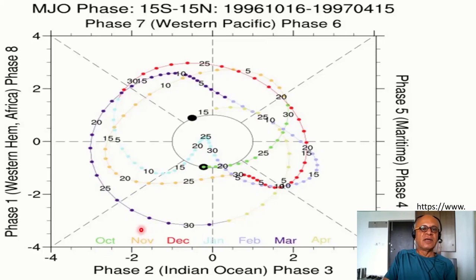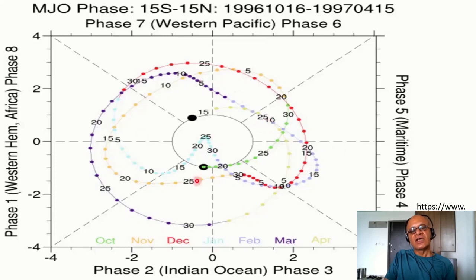So you can see here the phases. So phase 2 and 3 here, phase 4 here. So phase 1 and 8 are shown here. So that's in the Western Hemisphere and Africa. So you can track a particular event. For example, here you're starting at 5 days, 10 days, 15 days, 20, 25.